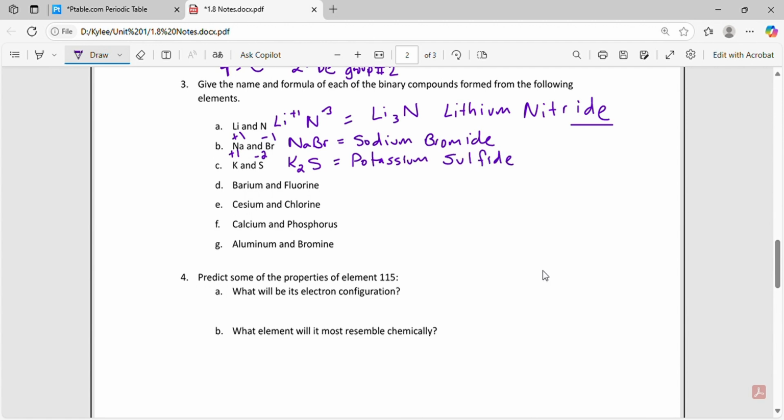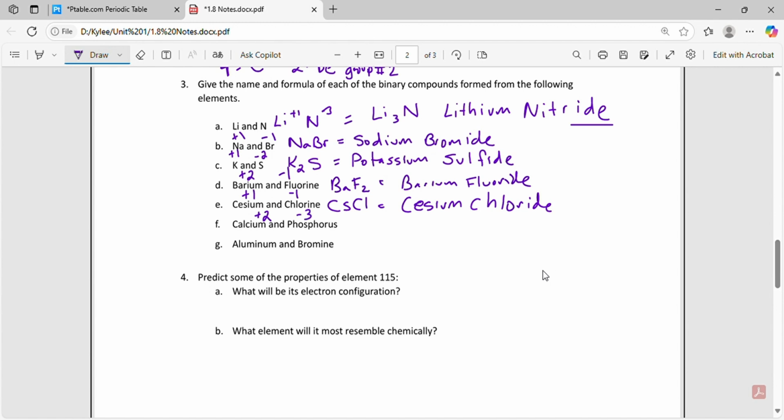Barium and fluorine. Barium is +2, fluorine is -1. So that would be BaF2, also known as barium fluoride. Cesium and chlorine, their charges cancel, so that would just be CsCl, and we would call it cesium chloride. Calcium and phosphorus. Calcium forms a +2 charge, and phosphorus forms a -3.